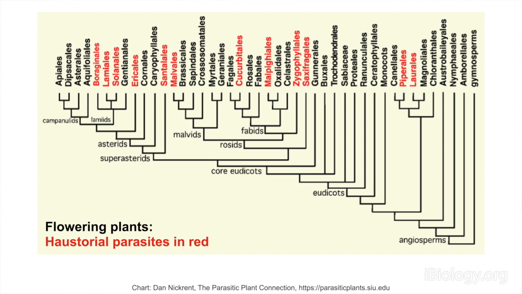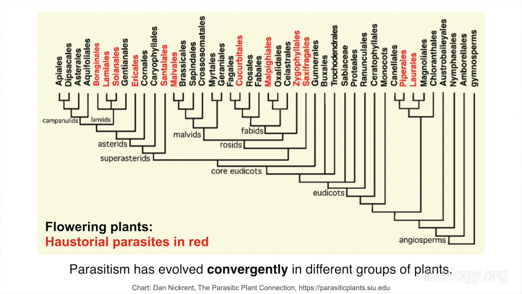But scientists have taken a closer look at each of the groups labeled in red and determined that parasitism did indeed evolve independently in each of those groups. And when a similarity or a trait like parasitism evolves independently in different groups, that's called convergent evolution. And that's our second key concept in this lecture.